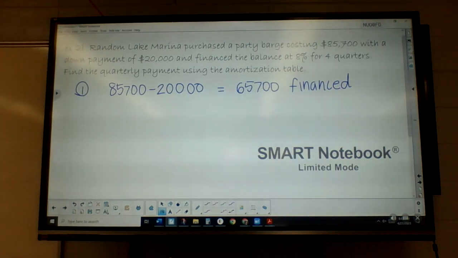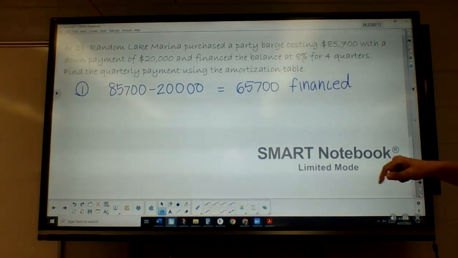All right. Now, we're going to do this at 8% for 4 quarters. I'm guessing we're going over a year, it looks like. Or 4 quarters, yeah, 4 quarters would be a full year, right?